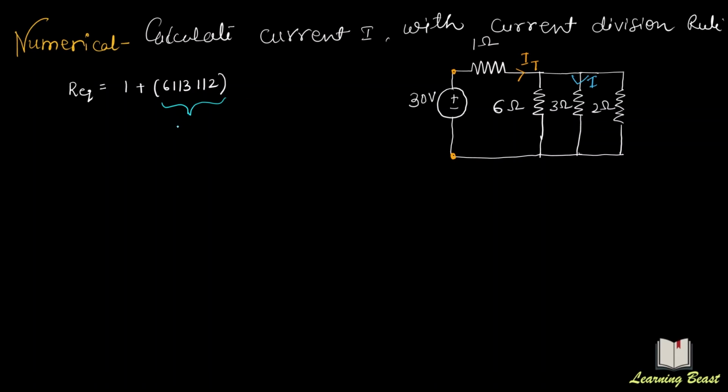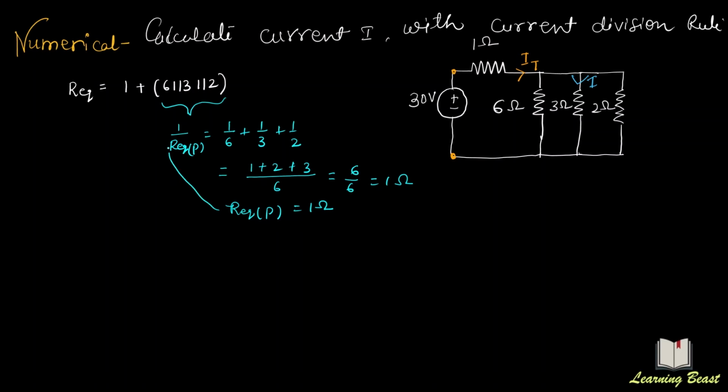So suppose R equivalent for parallel combination is equal to 1 by 6 plus 1 by 3 plus 1 by 2, which you will solve and LCM will be 6. So 1 plus 2 plus 3, that is equal to 6 by 6 is equal to 1 ohm. So from here you will get R equivalent for parallel combination is 1 ohm.